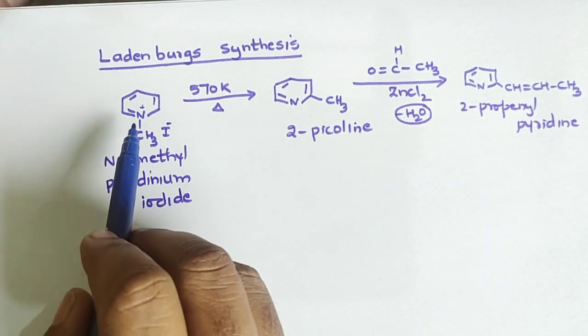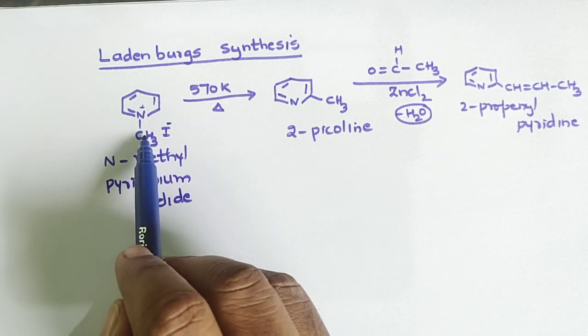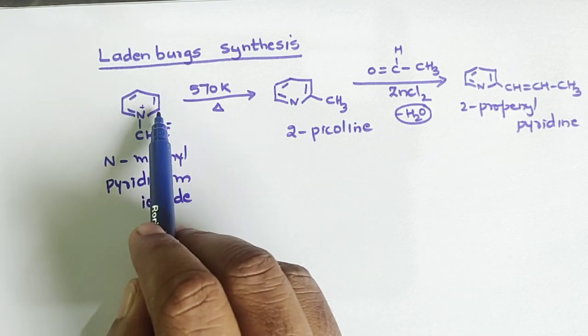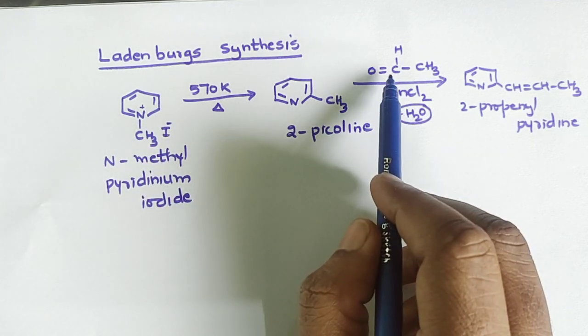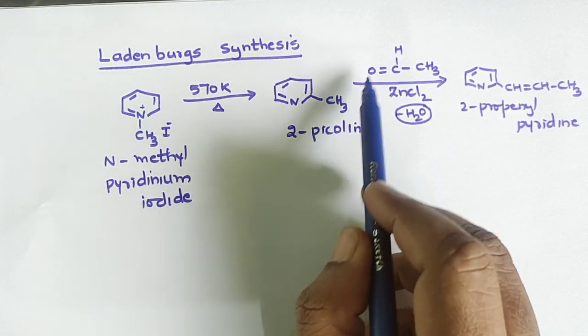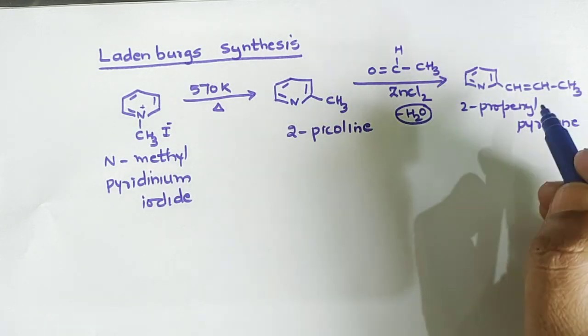So we start with this molecule, N-methyl pyridinium iodide. When it is heated, there is a methyl shift. We get 2-picoline. When it is treated with acetaldehyde, loss of water takes place. So you get CH double bond CH, CH3.